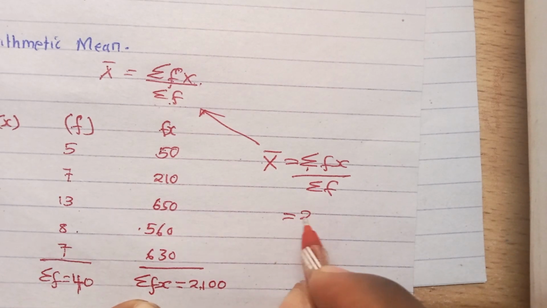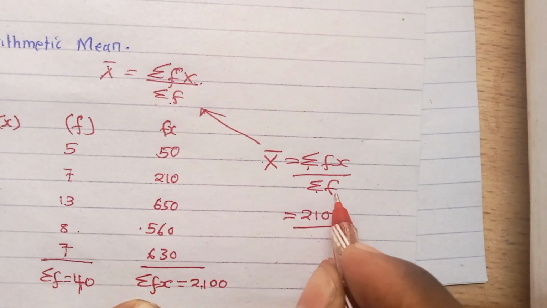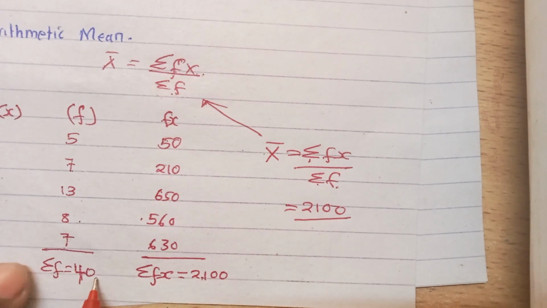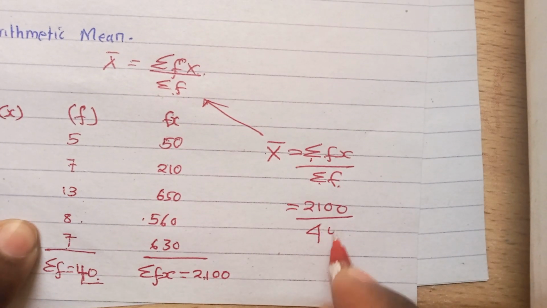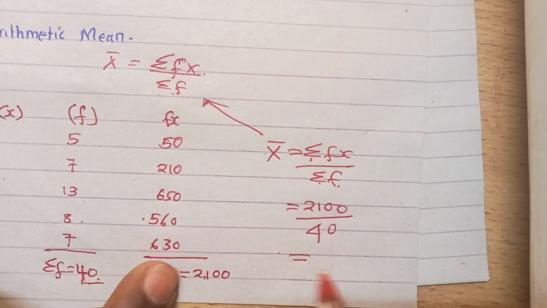So you write 2100, you divide by summation of f, which in this case is 40. So it gives you 52.5.